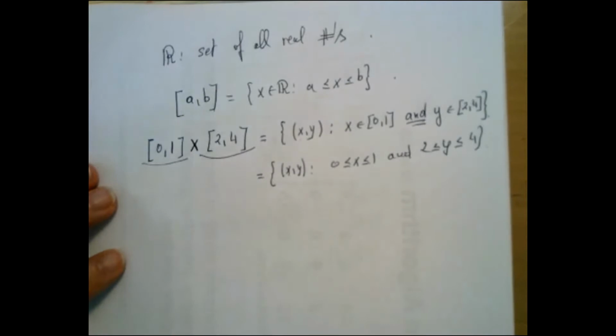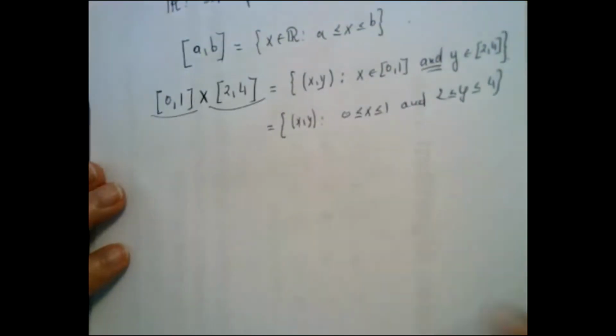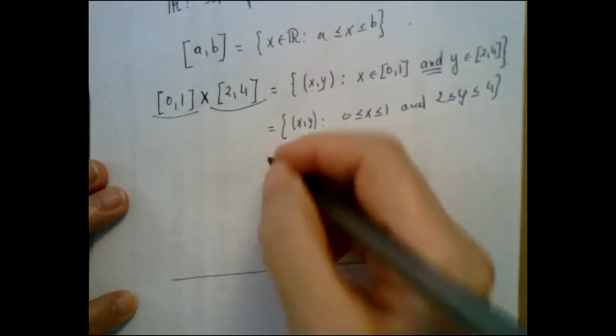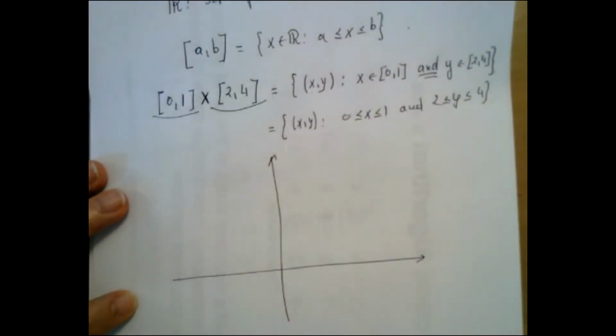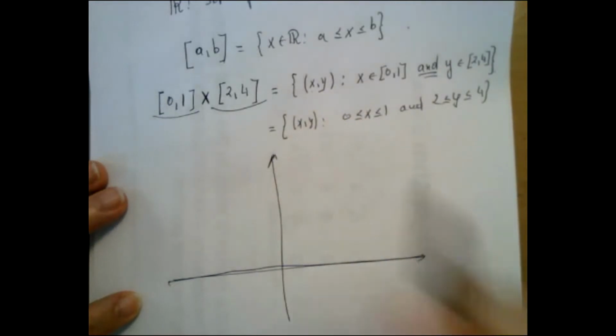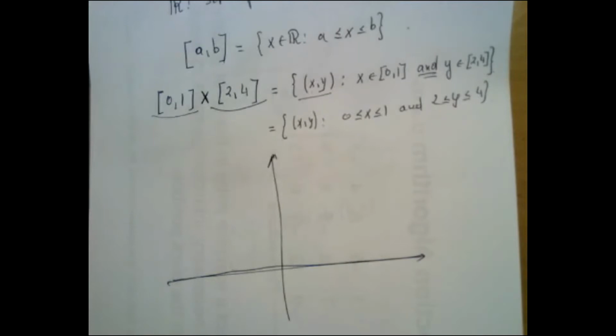So in set builder notation, that's what this Cartesian product is, all the ordered pairs that satisfy this. So how can we visualize this in the plane? So this is the plane. What am I looking for? So this is R, of course, and this is R here. I'm looking at all the ordered pairs that satisfy this condition. So can anybody tell me what this is?